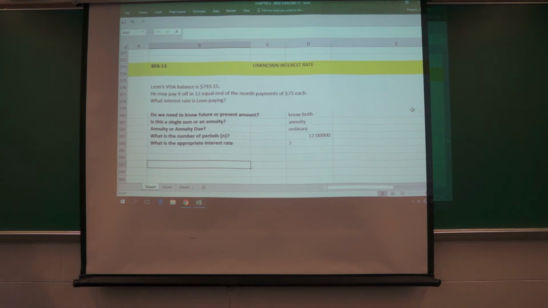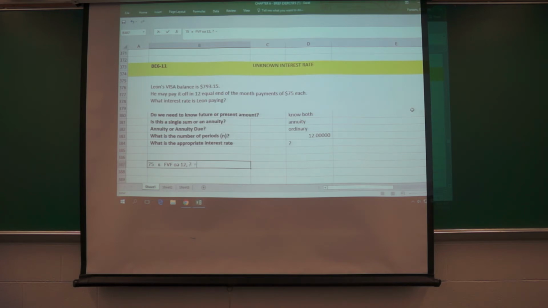Okay, so now we're going to take the 75 payment times the future value factor of an ordinary annuity, and it is 12 periods and then question mark for the interest rate.